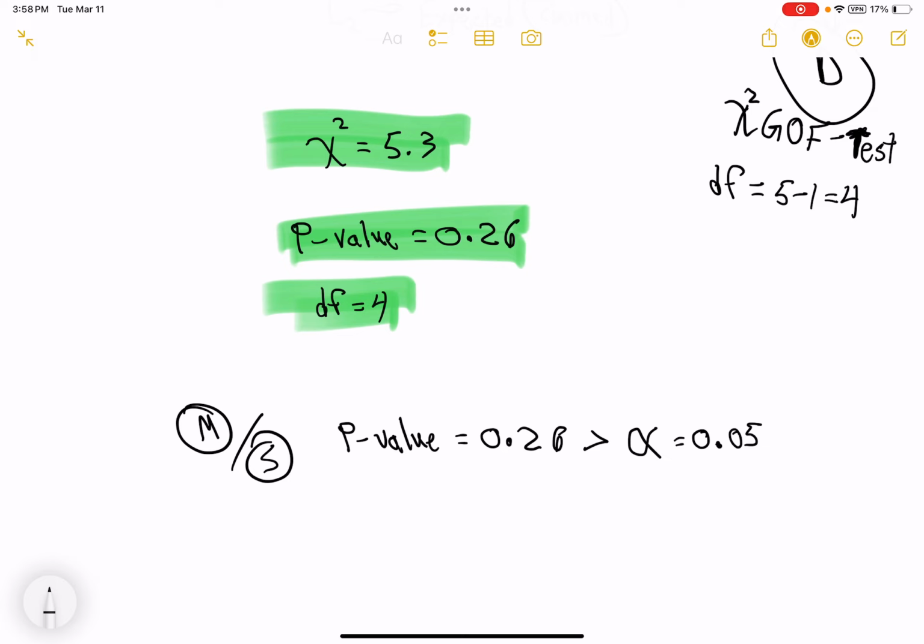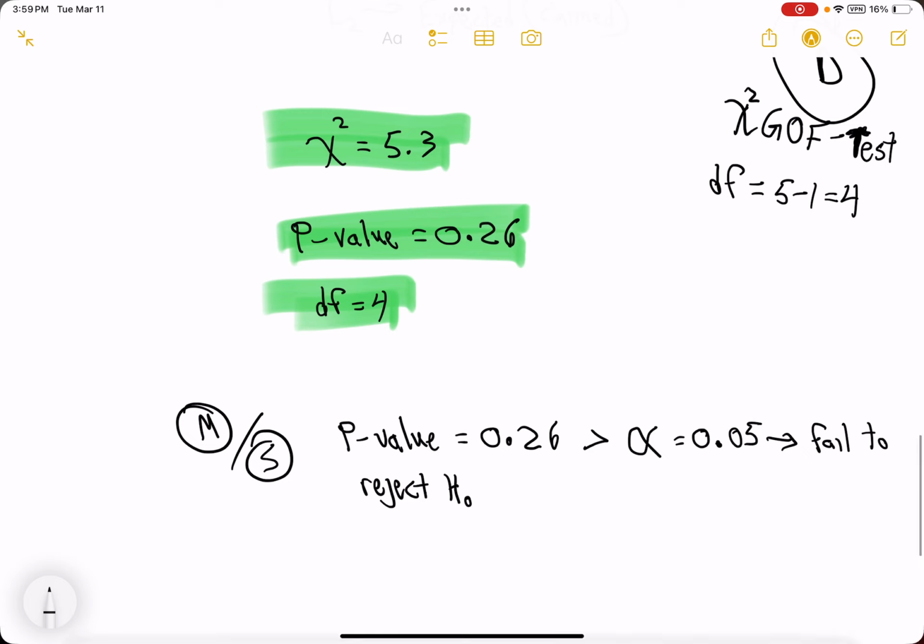Oop. I'm realizing my 6 is pretty hideous there. Let's fix that up. Therefore, because my p-value is greater, I must fail to reject the null.